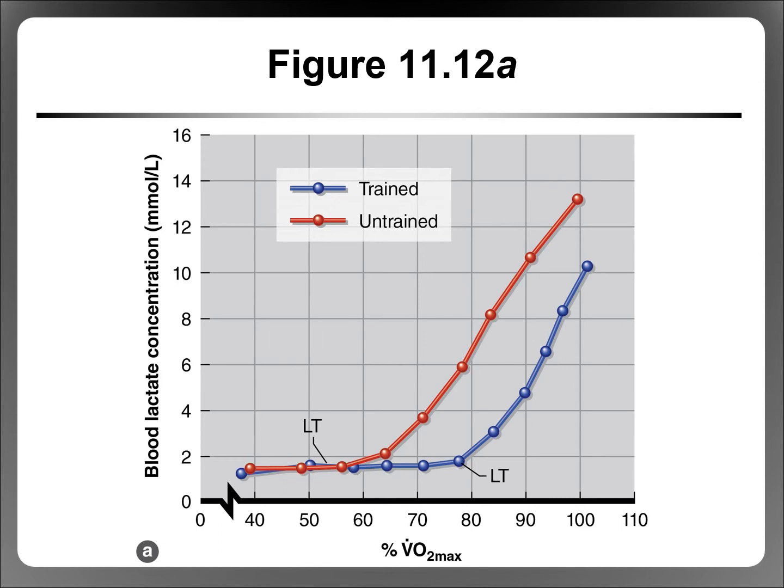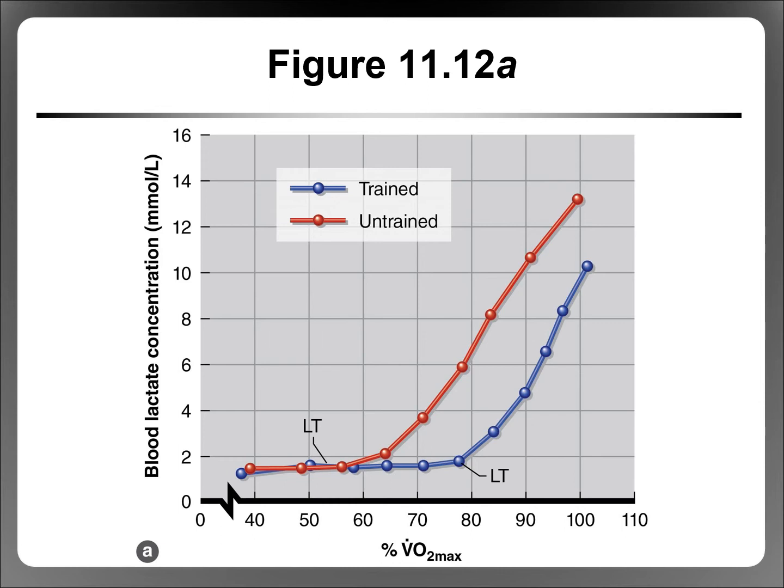All right, so looking at our slides, we have our blood lactate concentrations, percentages of VO2 max, and then we have a trained and an untrained individual. So if you remember me saying, somewhere between like 50 and 70, sometimes as low as 40, we can achieve a lactate threshold.